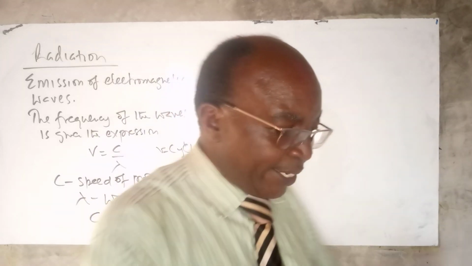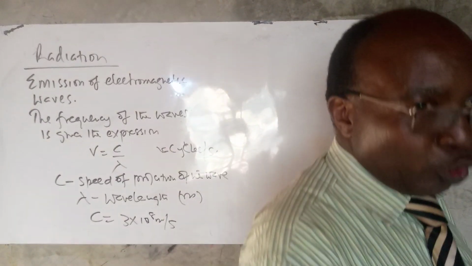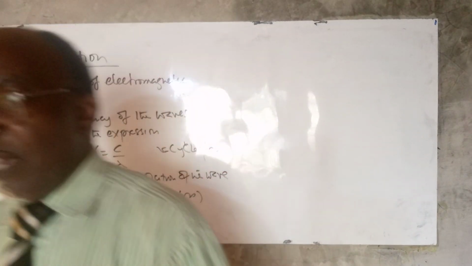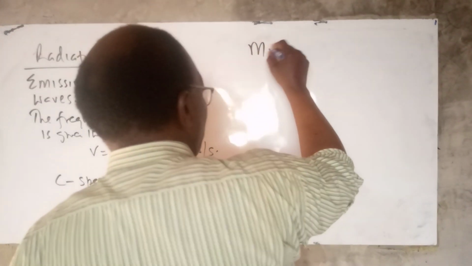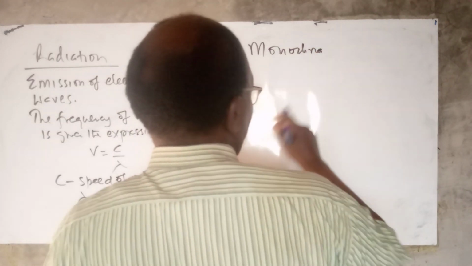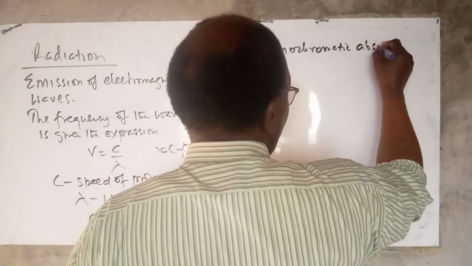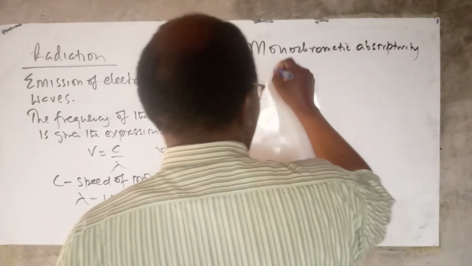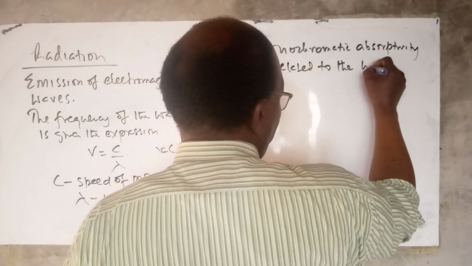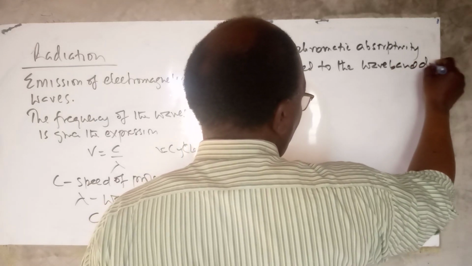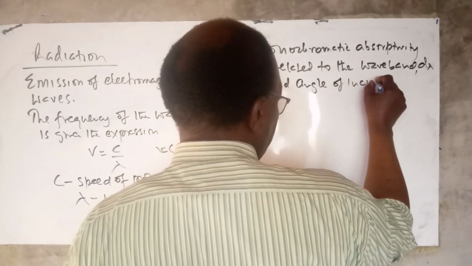In other words, it brings us to the concept of monochromatic absorptivity, which means that the absorption of that particular radiation is related to the waveband and to the angle of incidence.